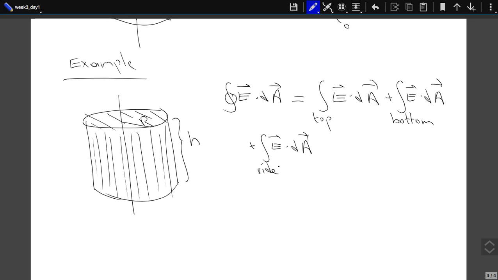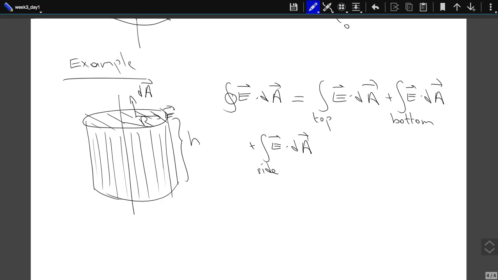What are these? You see, at the top, this is my dA. At the same point, this is my electric field. The angle between dA and the electric field is 90 degrees, so this is 0.